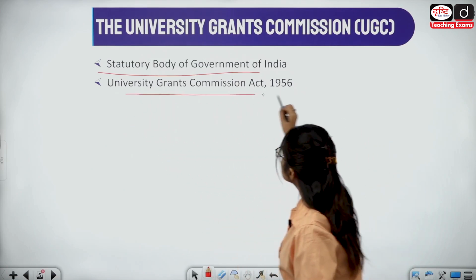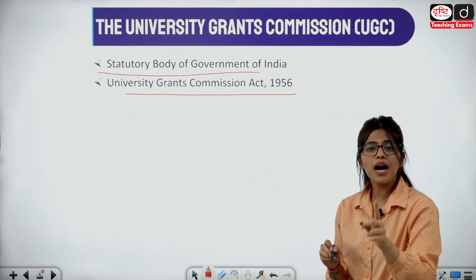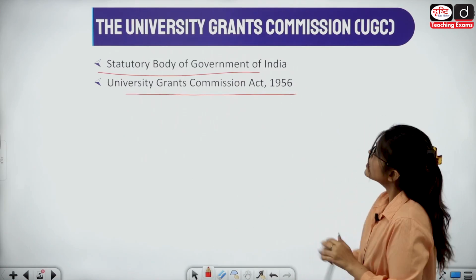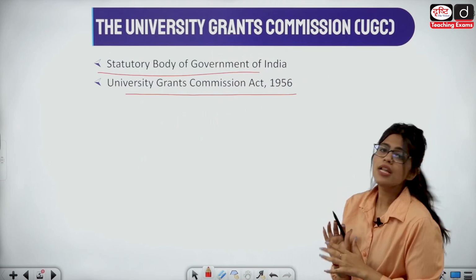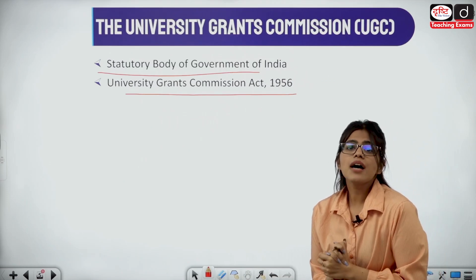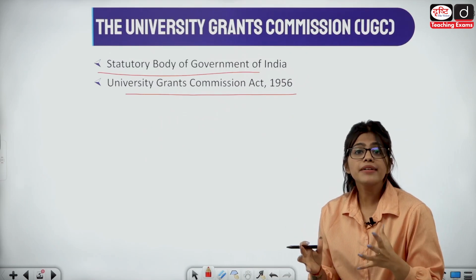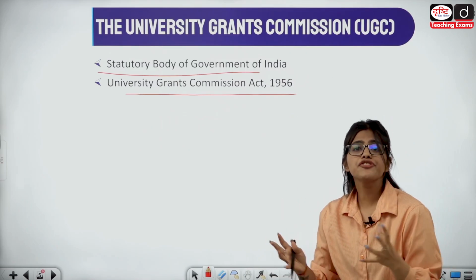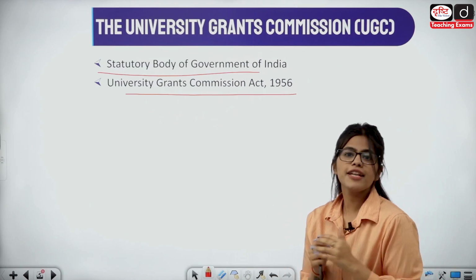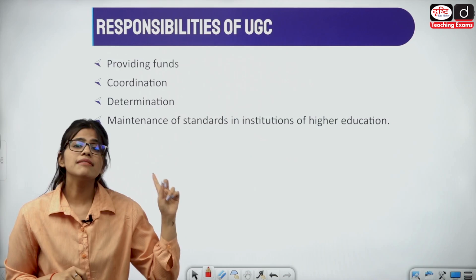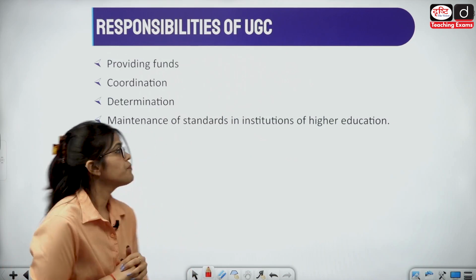The University Grants Commission Act was passed in 1956, and after that, we saw the University Grants Commission coming up. The UGC is basically a body that looks into how higher education and the structuring of higher education is seen, right? So these are the roles and responsibilities of UGC.